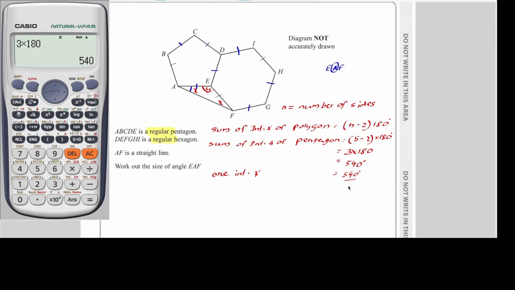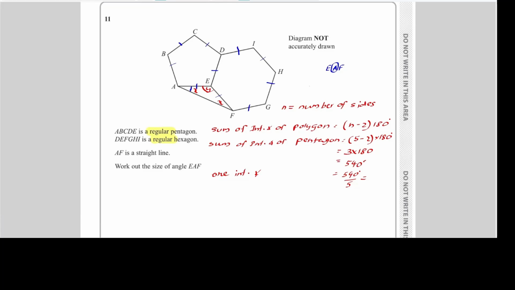In a regular polygon, all angles are the same. Therefore, we can divide it by 5. 540 divided by 5 becomes 108. So we got the angle of this one now, 108.